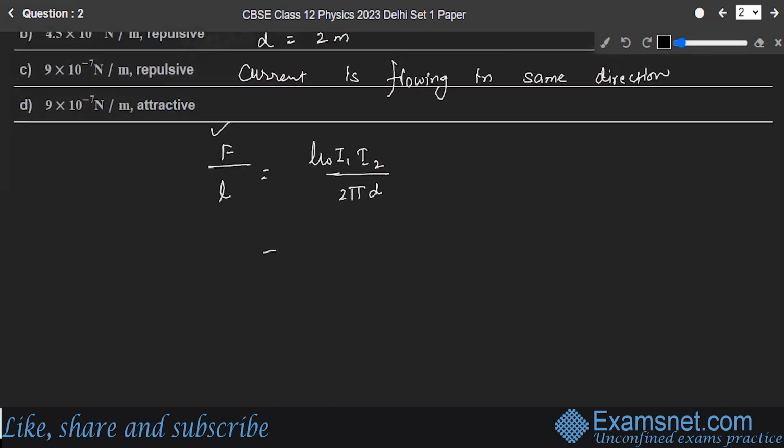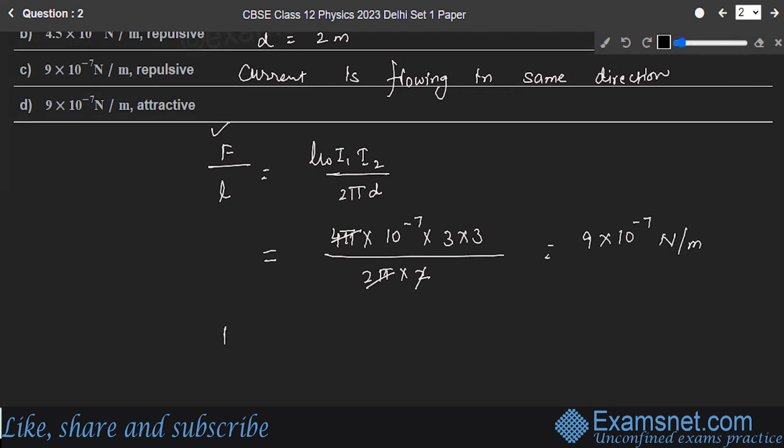So let's fill in the values. Mu naught is 4 pi into 10 power minus 7. 3 into 3, the values for the two currents. 2 pi, D is 2. So this cancels and you have 9 into 10 power minus 7 newtons per meter, force per unit length.